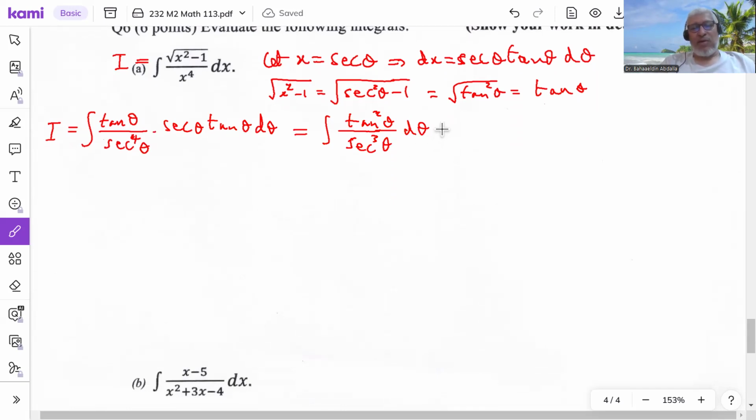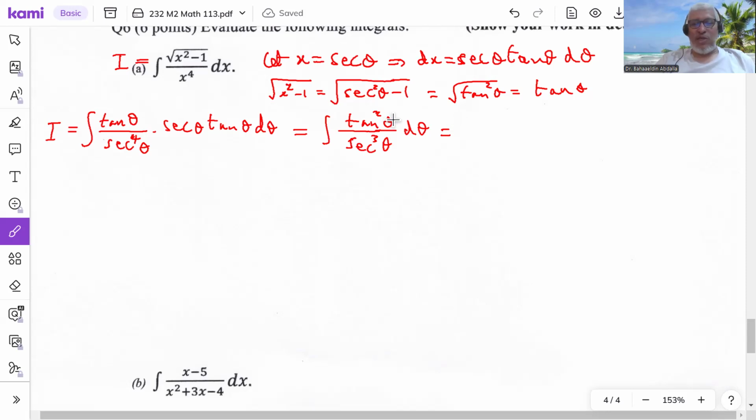So I will just change everything to sine. Remember, we have a technique to deal with tan times secant, if tan has an odd power or secant has an even power, and we don't have that situation here.